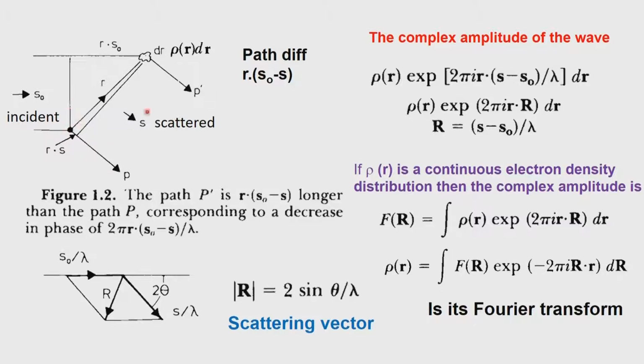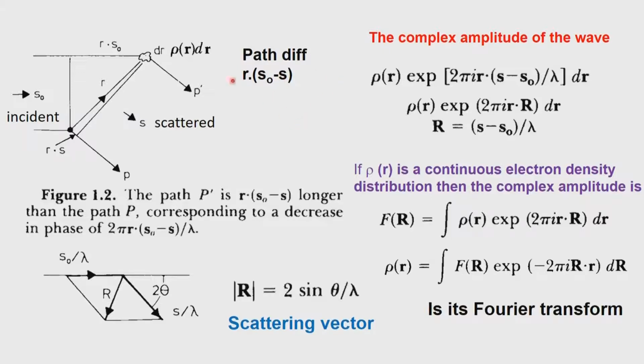Since there is no electron density here and there is electron density there, the extra distance that is travelled is the path difference. We already saw that a path difference of delta, if it is positive, will introduce a negative change in the phase difference. So, we can always calculate the phase difference in this particular case.